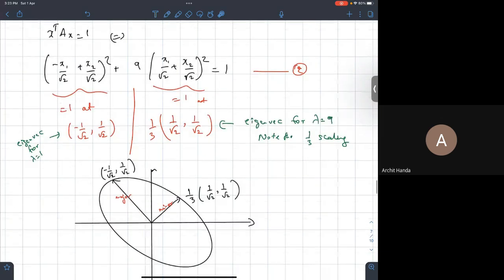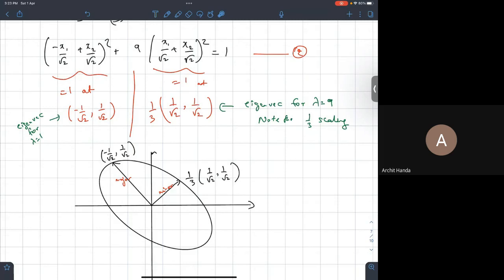So the final ellipse is here. This is one of the eigenvectors, this is the other, and this is scaled. This becomes minor because of the scaling 1 by 3. So the principal axis of the ellipse corresponds to the smallest eigenvalue.